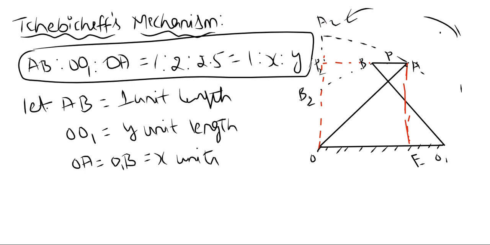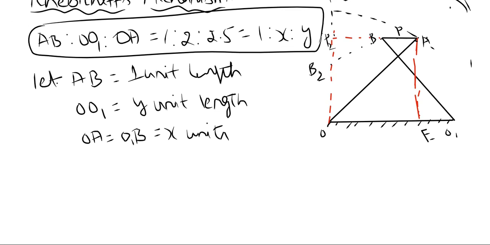So what are B2, A2 and P2? These points are nothing but the transformations of the link when it moves from one point to another. Now we have to join a line from B2 to O1. Why? Because it forms a right angle triangle.